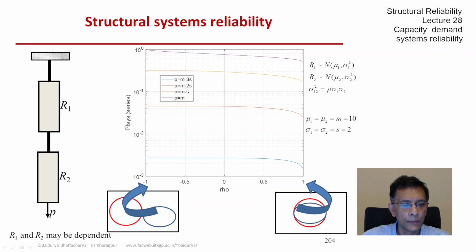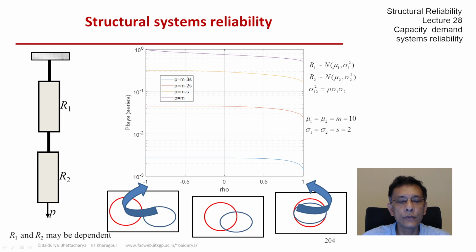And somewhere in between these two extreme limits, we have partial dependence, or even possibly no dependence when rho is equal to 0, and thereabout we see PF_sys almost the same as what it was on the left end of the spectrum, and then it starts to fall.